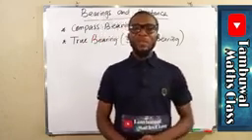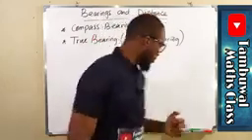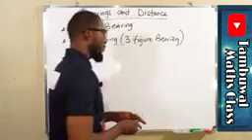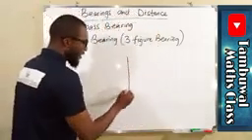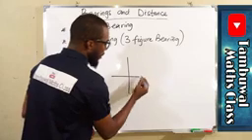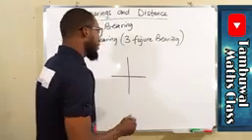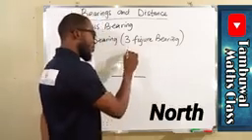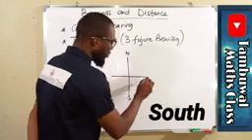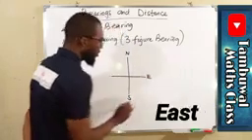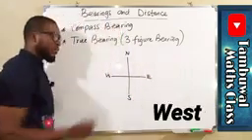So in mathematics, compass bearing is represented with four major cardinal points. And these four major cardinal points are north, south, east, and west.